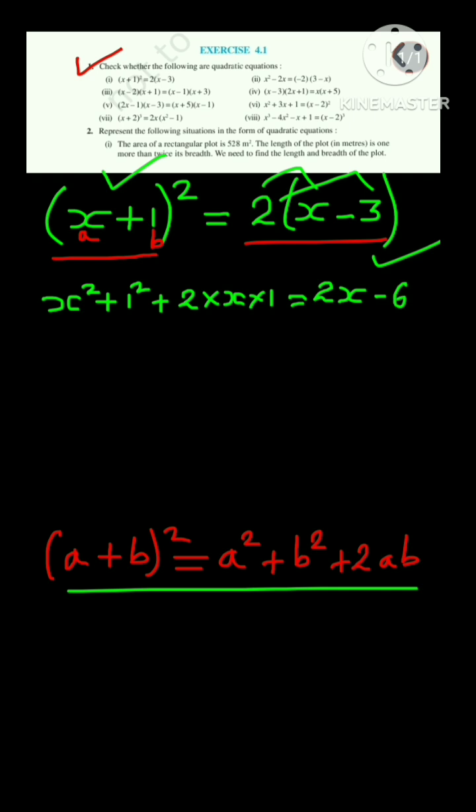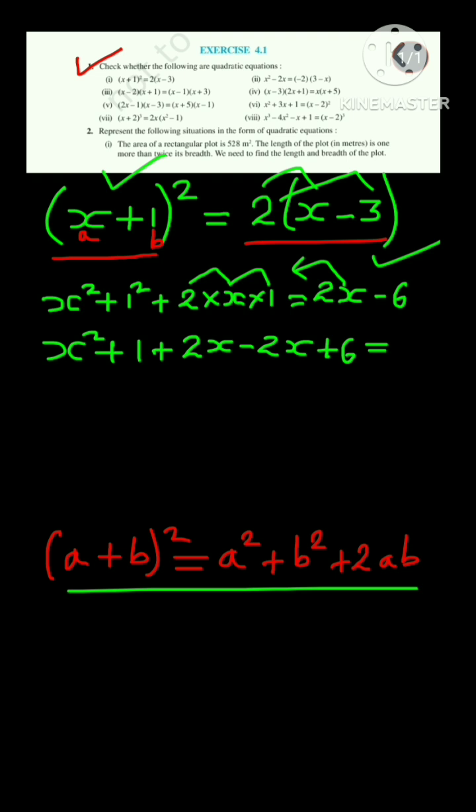Now let's arrange: x square plus, and square of 1 will be 1 itself, plus 2 into x, 2x into 1, 2x, and this plus 2x comes to LHS and becomes minus 2x, and this minus 6 also comes to LHS and becomes plus 6 equal to 0.